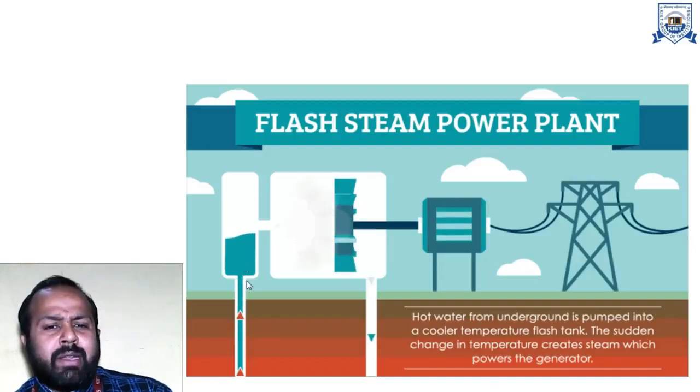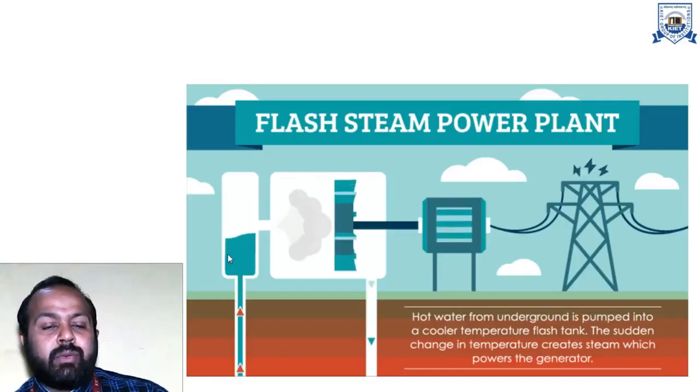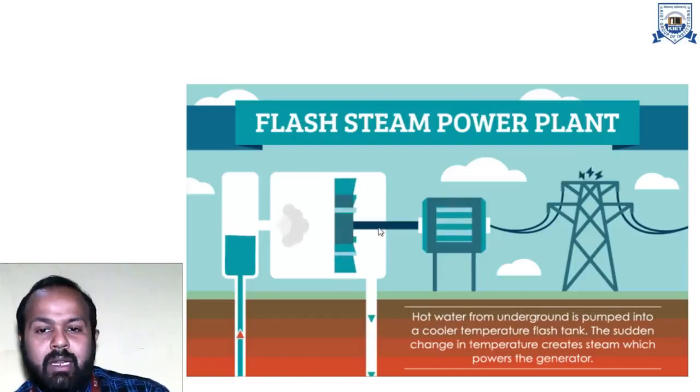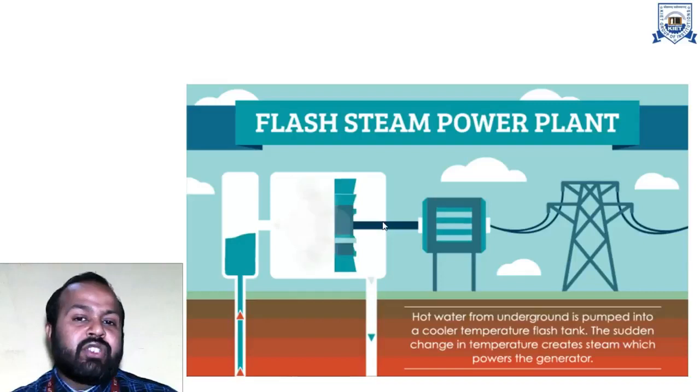The brine solution gets cooled, and more steam is created due to the sudden temperature change, and it rotates the turbine. In the turbine assembly we attach the generator in the electric power station. So this is the main functioning of the flash steam power plant.